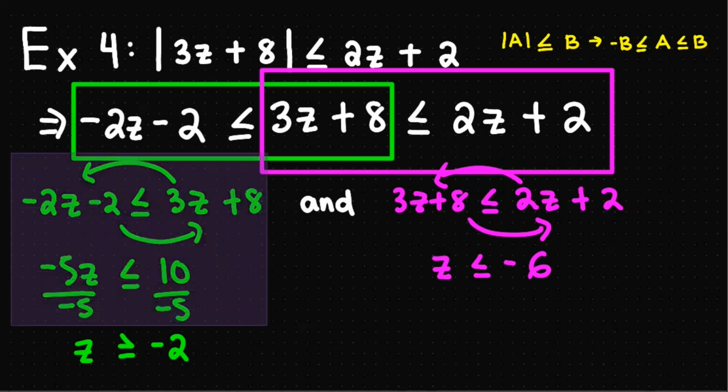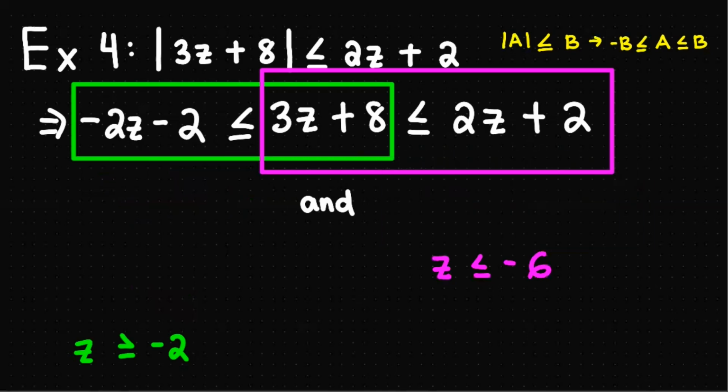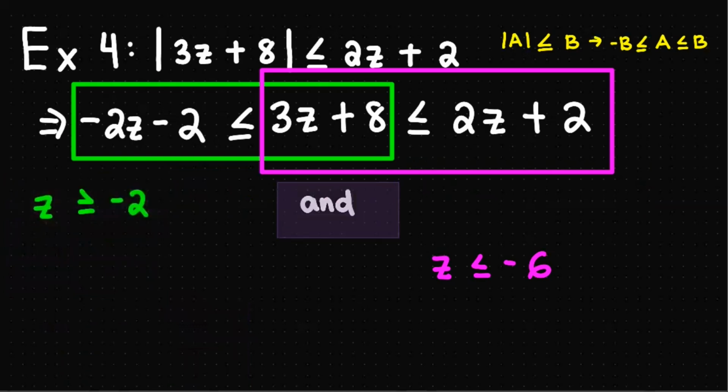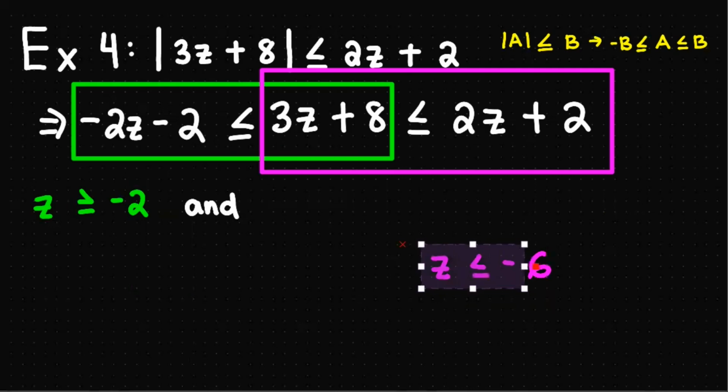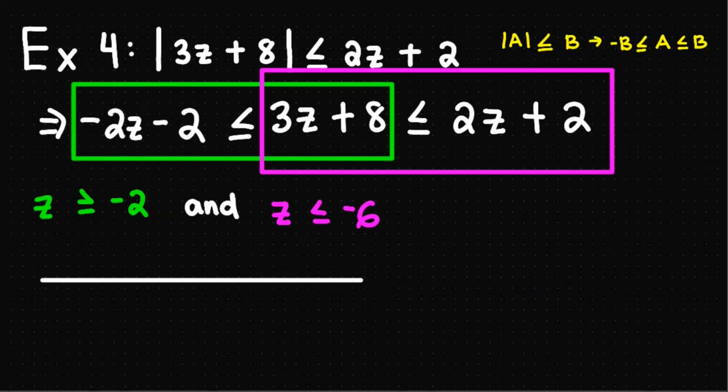So let's try to clear out some space first. Forgot the 6 there. My bad. Now in here, what we do is we draw a number line. There.